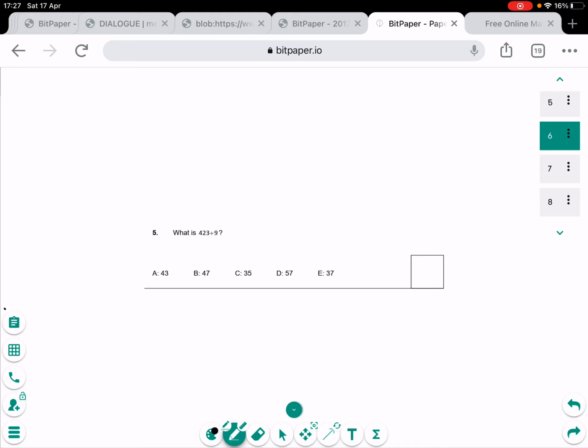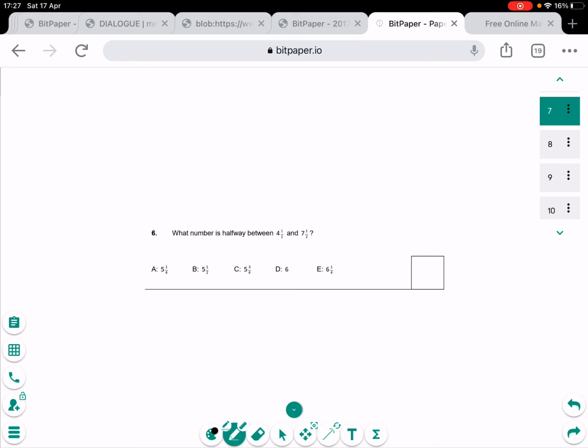So you take 42 divided by 9, which equals 4, because 4 times 9 equals 36, and there's remainder 6. So you take the remainder, which is 6, and you take 63 divided by 9, which equals 7. So our answer is 47, which is B.